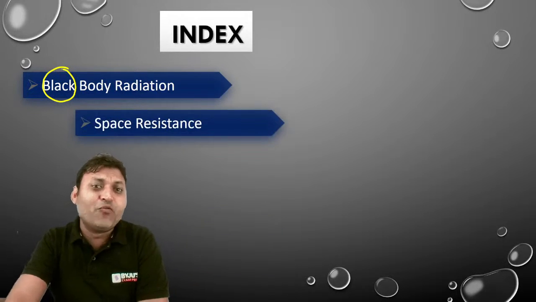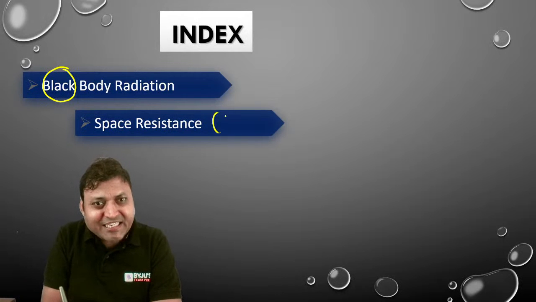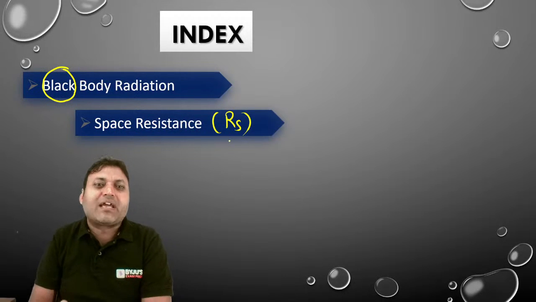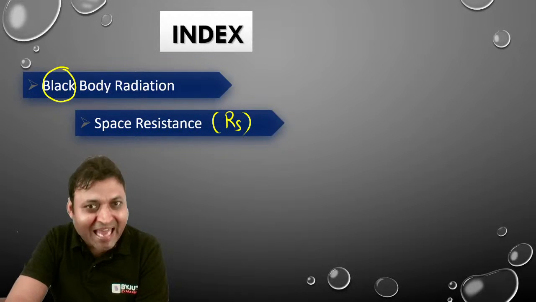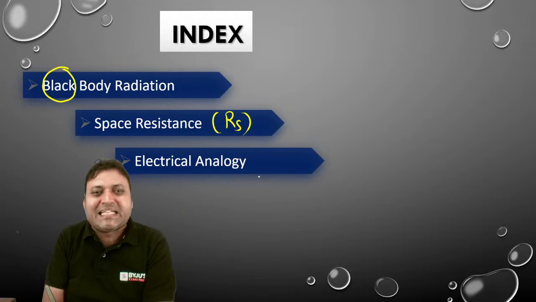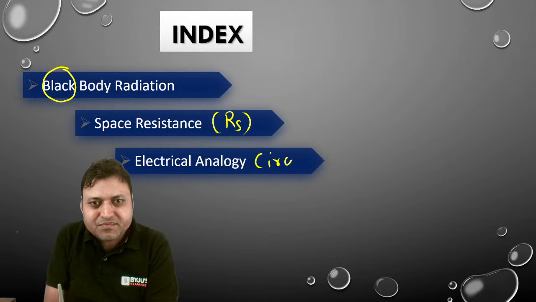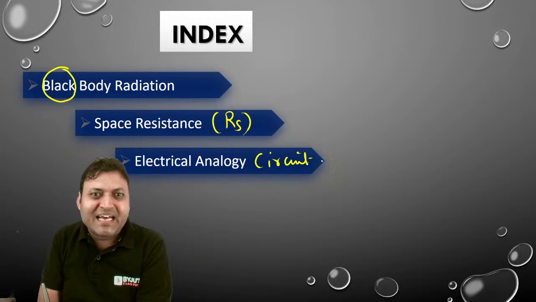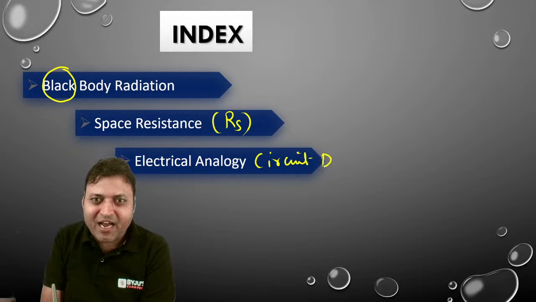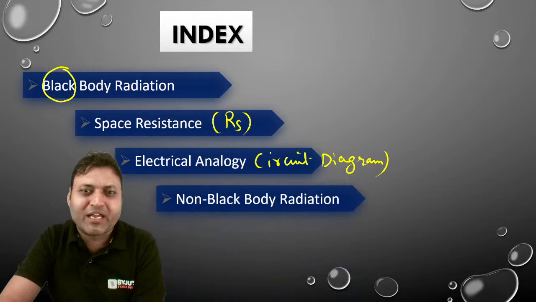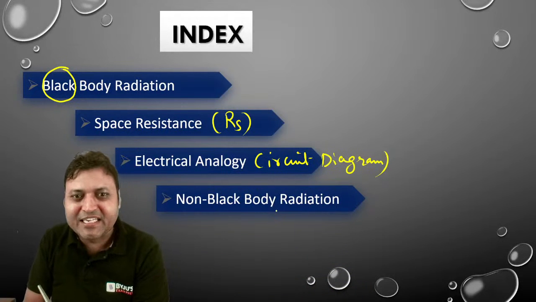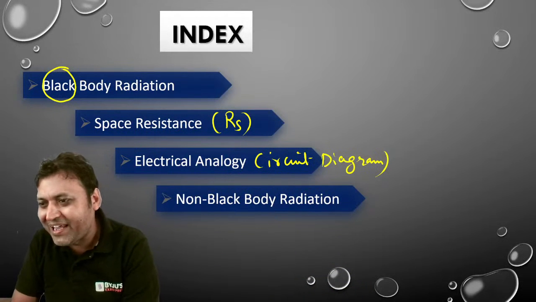Then we will move to the space resistance. We will talk about the space resistance for radiation, and we will analyze the radiation by using the circuit diagram. By using the resistance circuit diagram, we will analyze the radiation. And then we will talk about the radiation analysis for the non-black body.